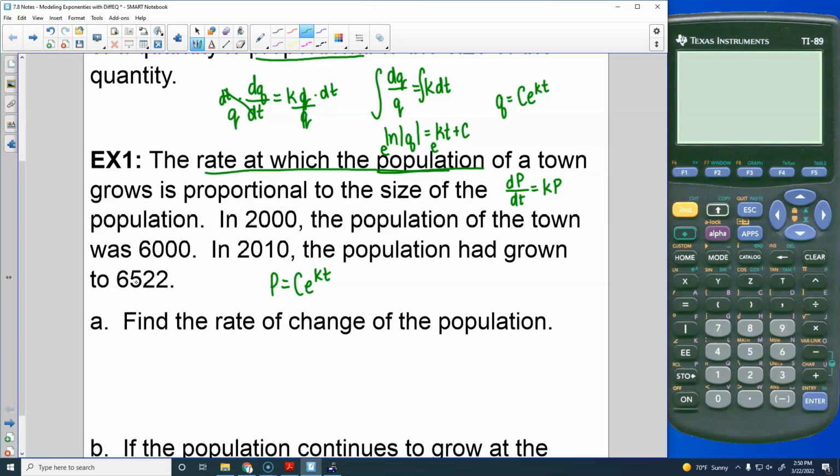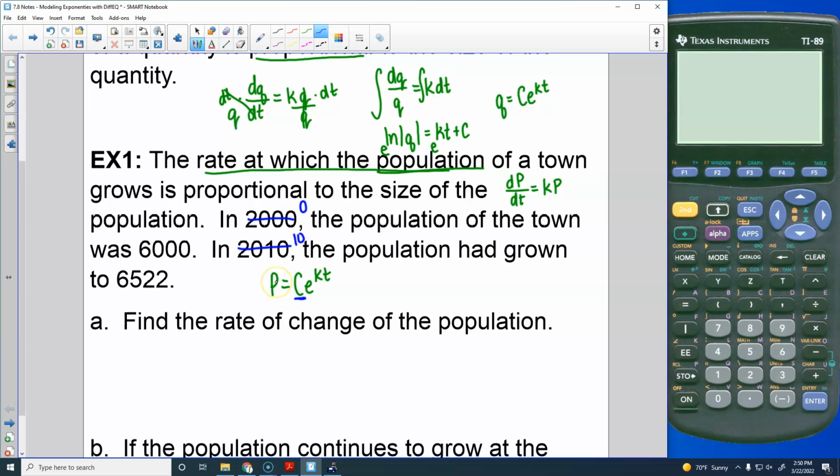So whenever we're doing the Pe^(rt), this C right here, that's our initial value, right? So I'm going to let 2000 actually equal 0 so I don't have huge numbers to deal with, which means I should make 2010 equal 10. And so my initial population is that 6,000.